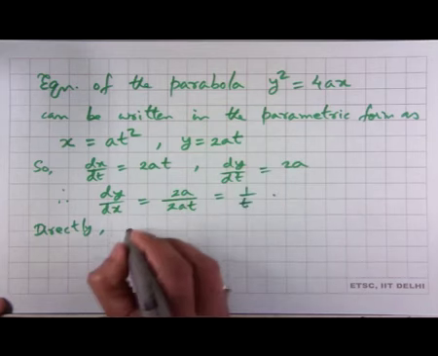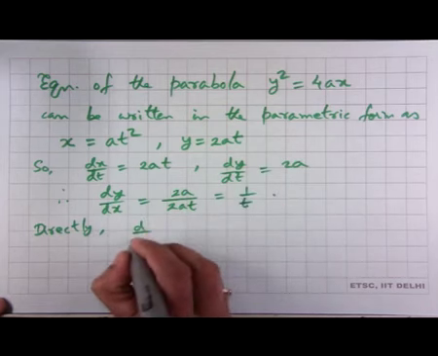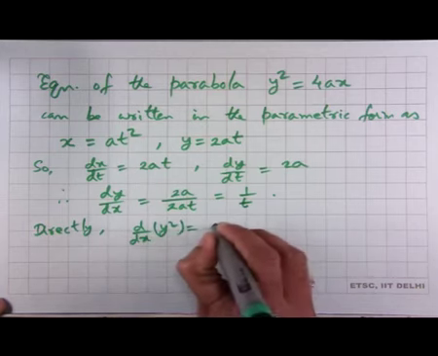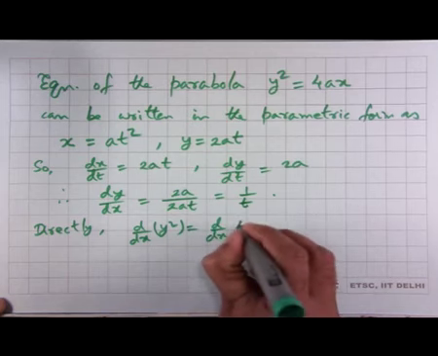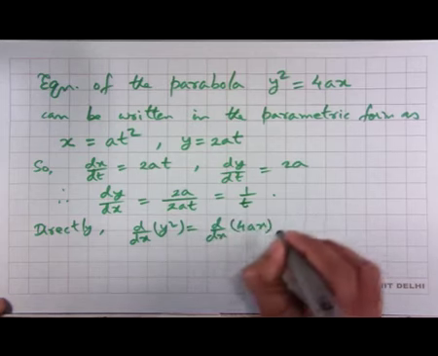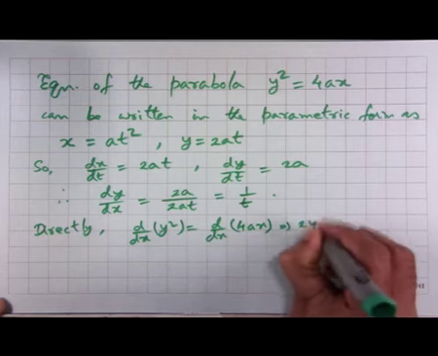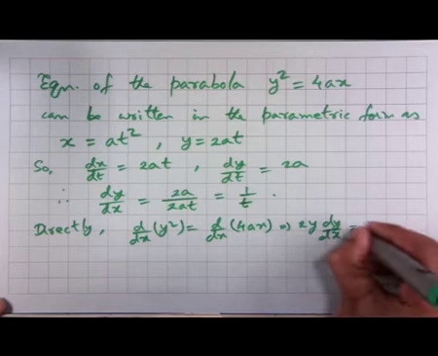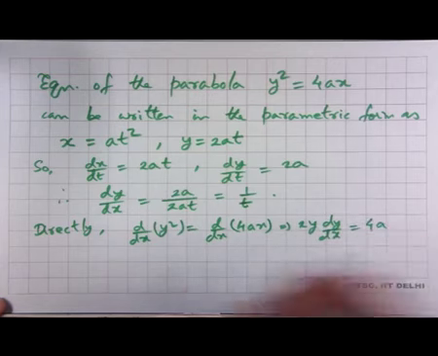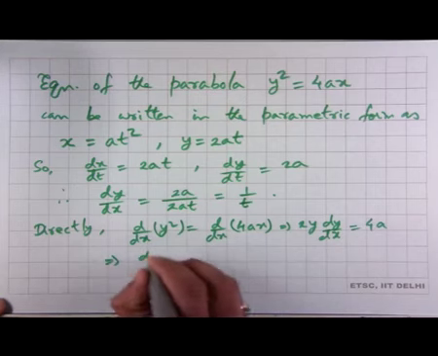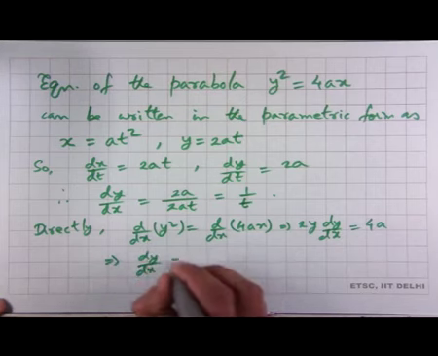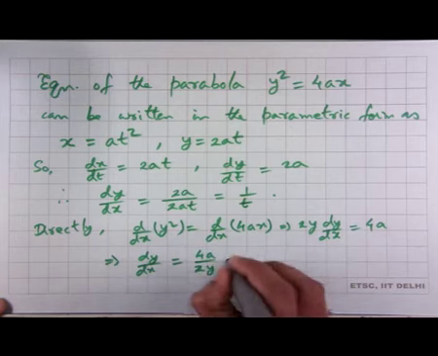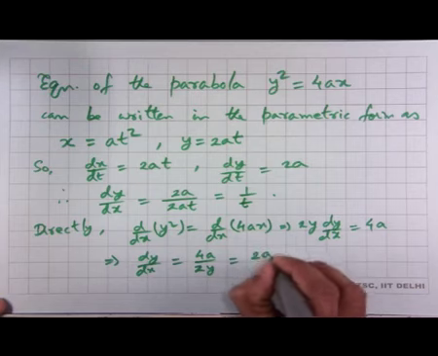if we differentiate with respect to x, d by dx of y square is equal to d by dx of 4ax. This gives 2y times dy dx is equal to 4a, which implies dy dx is equal to 4a divided by 2y, it is equal to 2a by y.